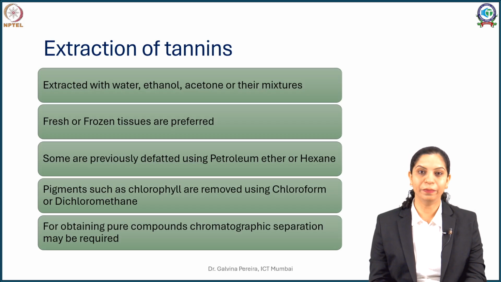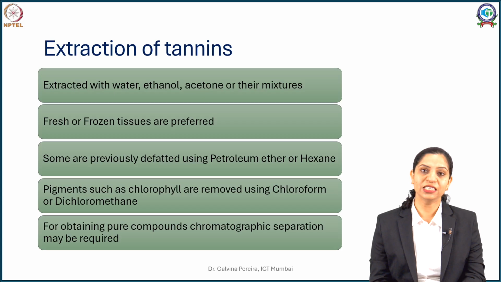But as you ferment, as you roast the coffee beans, the tannins polymerize and are converted into high molecular weight polymers. These high molecular weight polymers are difficult to extract. Hence, in order to assess the tannins of a drug substance, it is best to extract them or keep the sample frozen till you need it for the chemical evaluation.